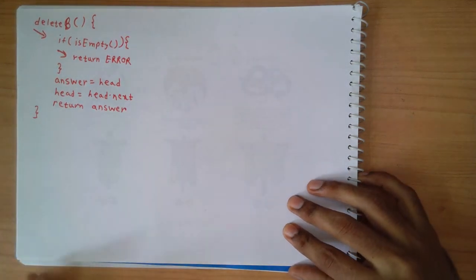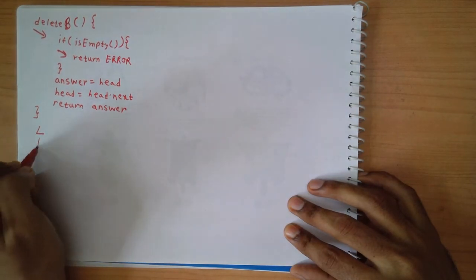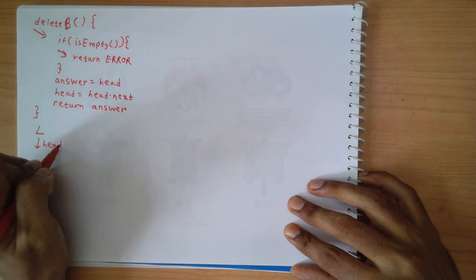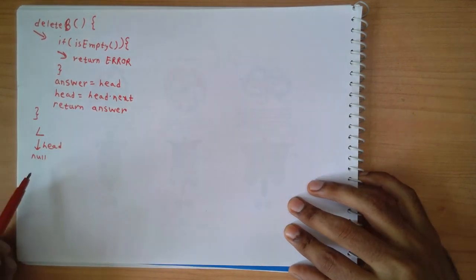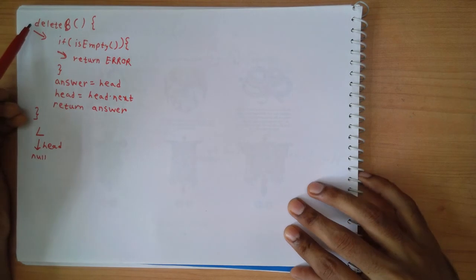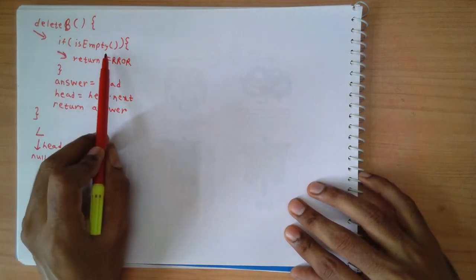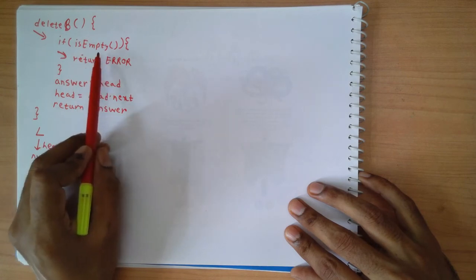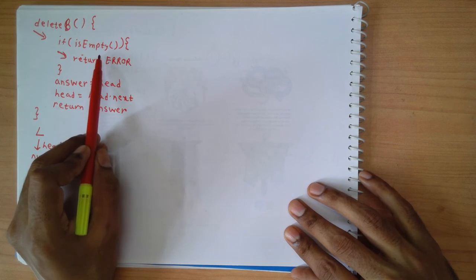Okay, so let's take one simple example. Let's say I have list L, it has its head pointer, and currently it is null. On such a list, if I call this delete from beginning function, I'll come inside, I'll ask the question, is list empty? So this is empty function we have to write. It would be a straightforward function that asks the question if head points to null.